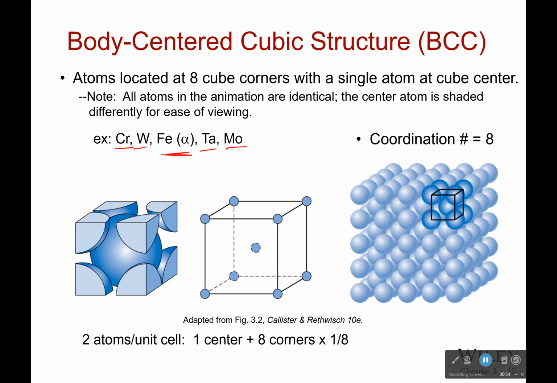Now, look at it over here. This is when we're looking at it from a 3D aspect. You see all these atoms. And what you might realize is that we're having different layers of atoms that are interwoven. So one layer looks like this.